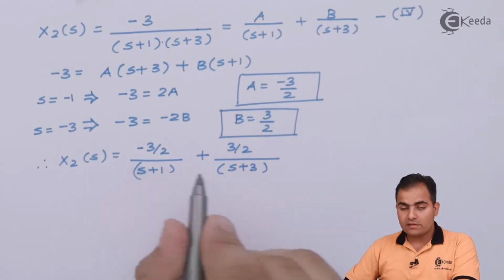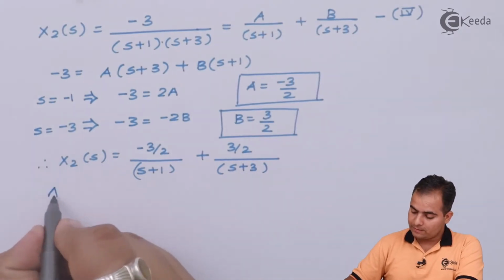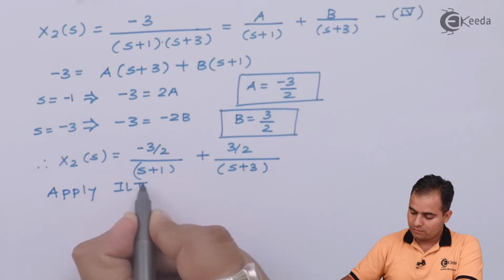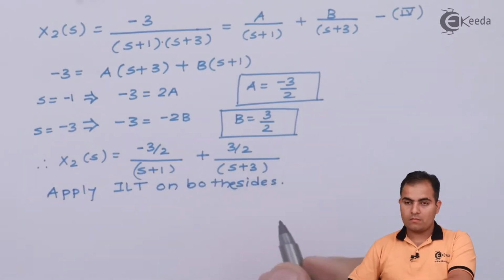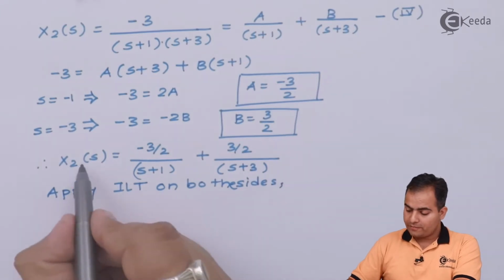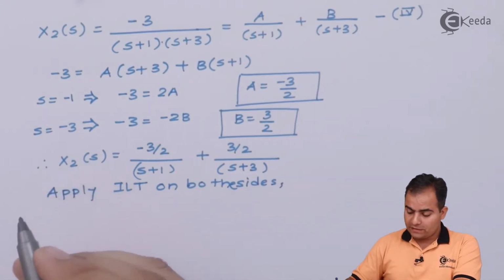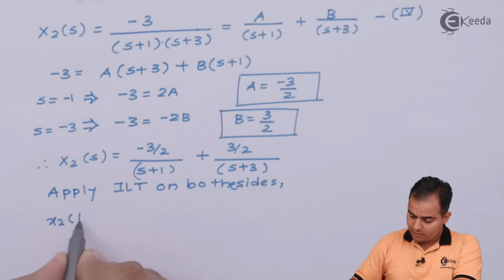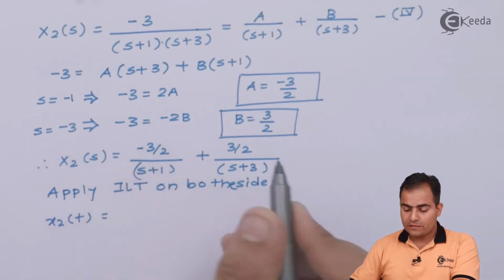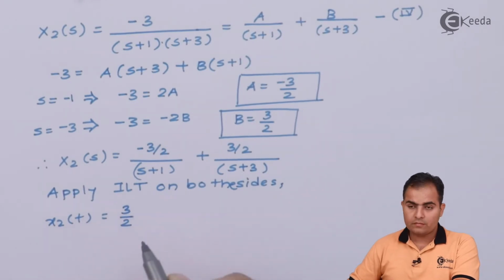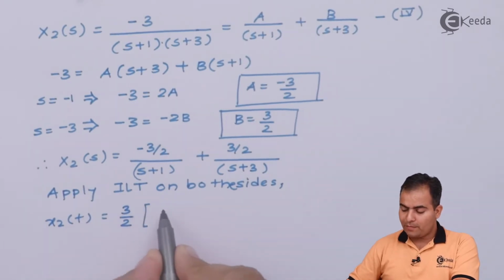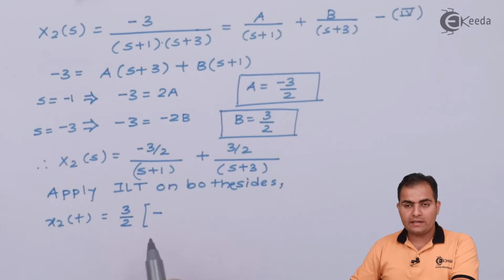Now I will apply inverse Laplace transform on both the sides. So look here. Inverse Laplace of X2 of s is x2 of t. Now from this equation I can take 3 by 2 common. Now what is remaining? Minus 1. So we will multiply the minus sign over here.